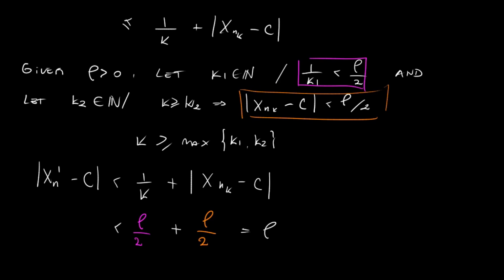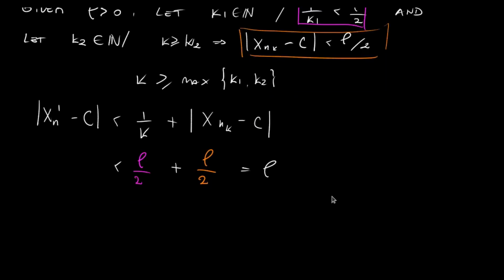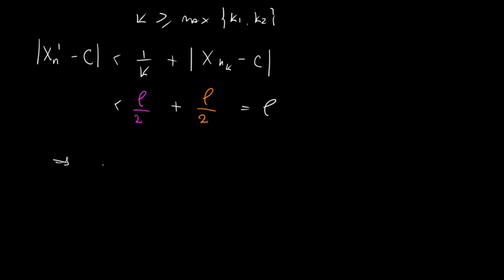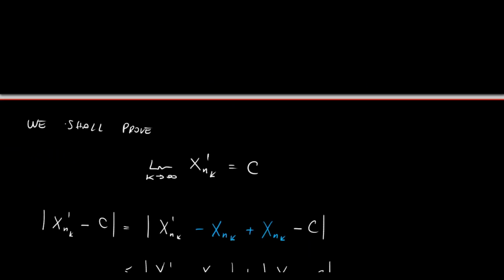So what this is showing is that the limit when k tends to infinity of x sub n sub k prime is equal to c. And this is what we wanted to prove here.